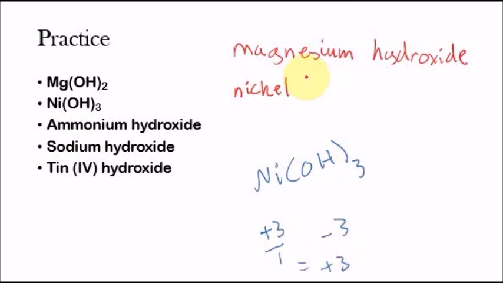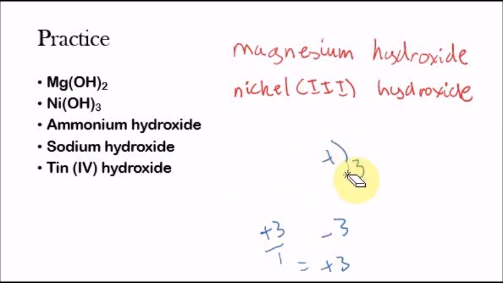Since it's +3, we write the Roman numeral 3 like this, and then just hydroxide. All right. So this is just like naming ternary salts, basically, except it just ends in hydroxide. Very simple. Now let's work backwards here.